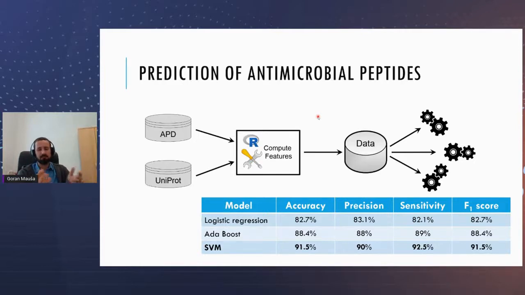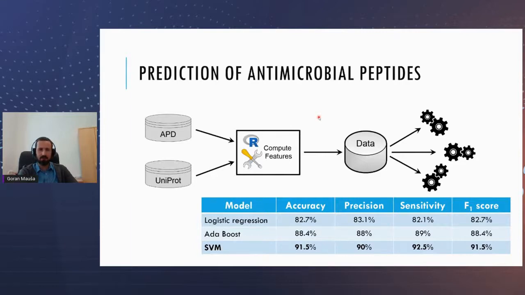And here we experimented with slightly different algorithms. For example, the support vector machine, which in literature is the most commonly used machine learning algorithm, and which surprised us for peptide research, was again very, very good.